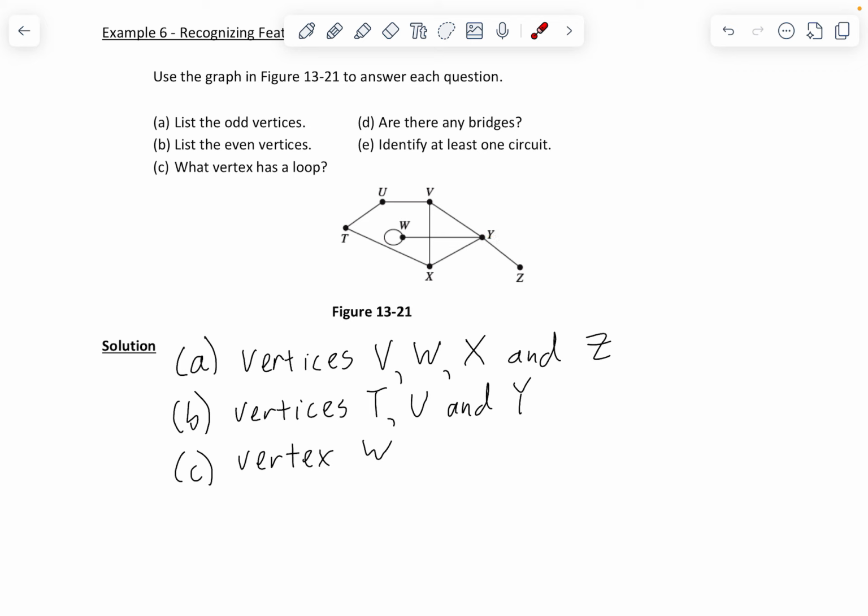If I remove YZ, it will make the graph disconnected as well, because it will isolate Z. Okay. So those are the only two bridges. Those are WY and YZ.